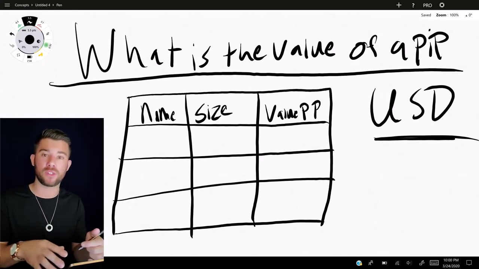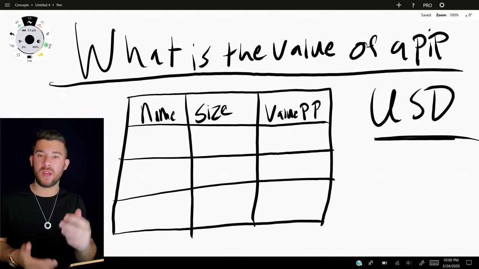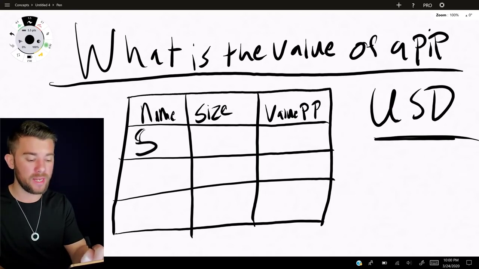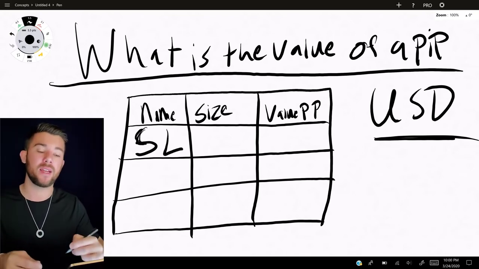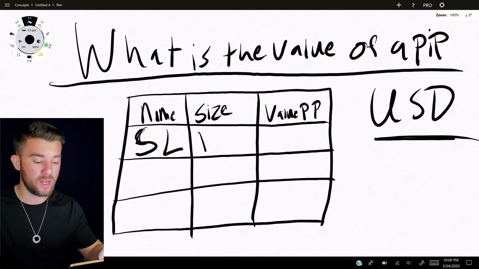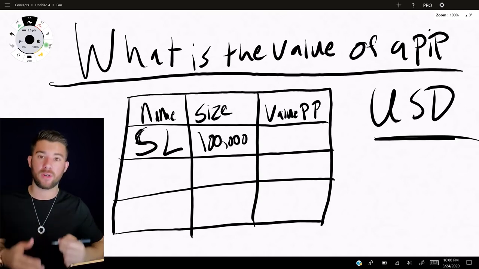The name of the first size that is very common is a standard lot. So we're going to label this SL. That stands for a standard lot. Now, if you're trading a standard lot, that means you're trading 100,000 units of currency.